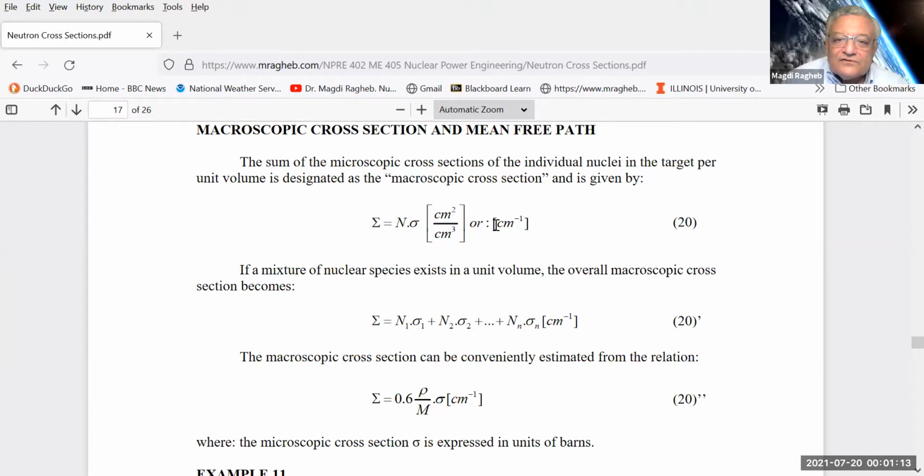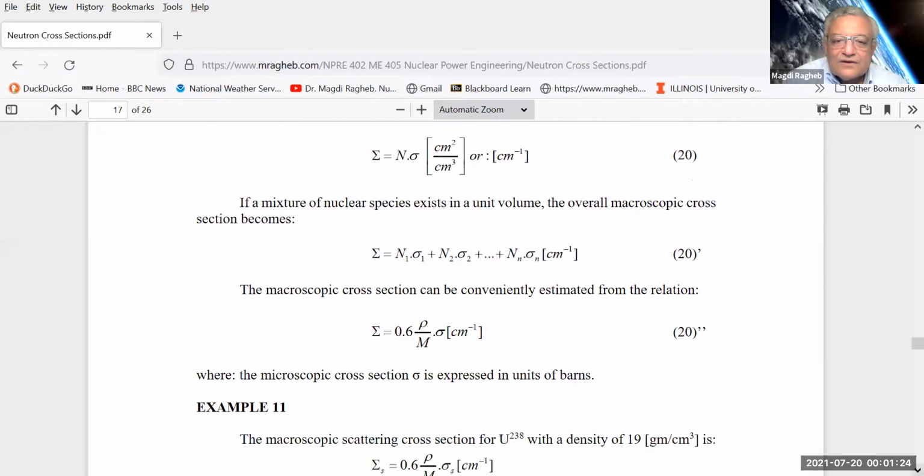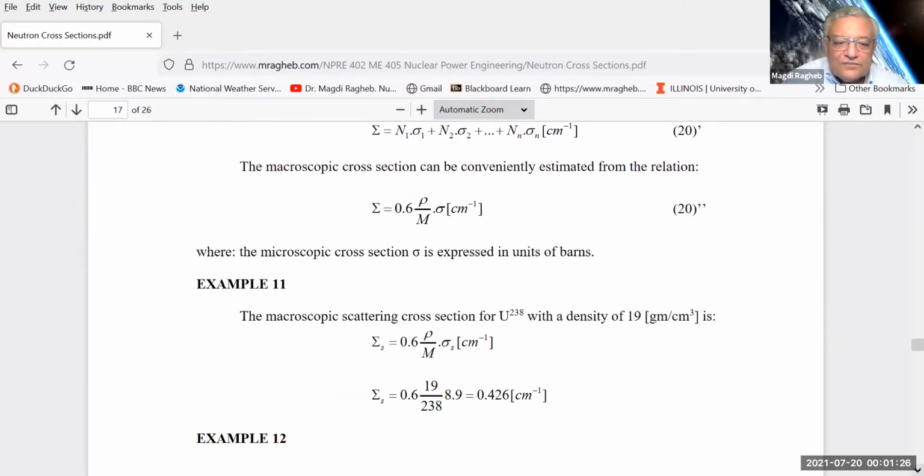That sigma has also another interesting physical meaning. If you take 1/sigma, it has units now of centimeter. So the 1/sigma has a unit of centimeter.